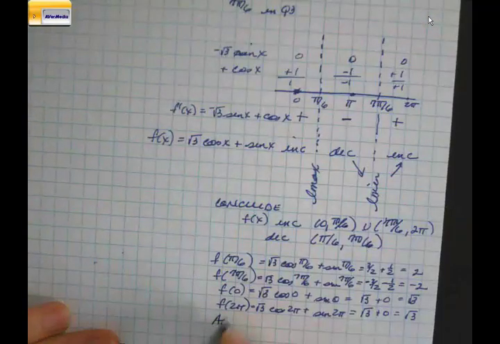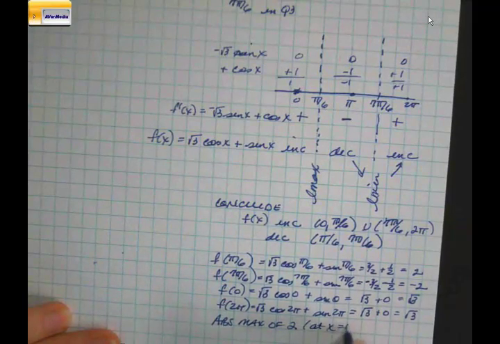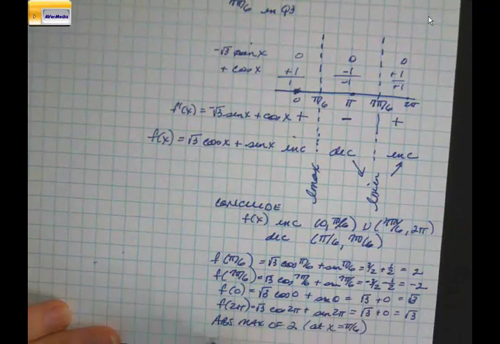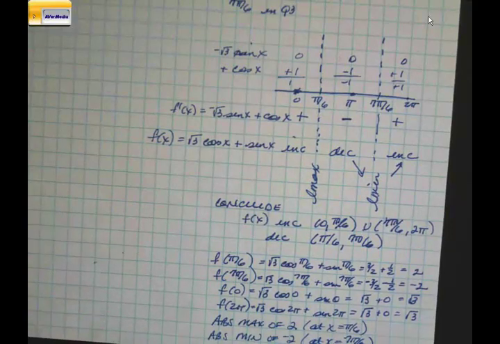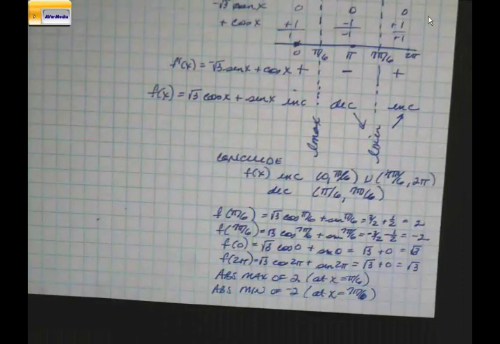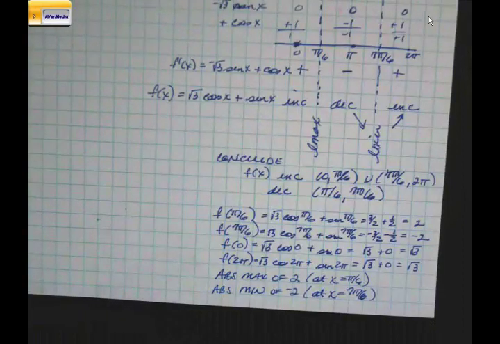So we have an absolute max of 2 at x equaling pi/6, and we have an absolute min of negative 2 at x equaling 7 pi/6. So remember, your maxes and mins are your y values occurring at an x.